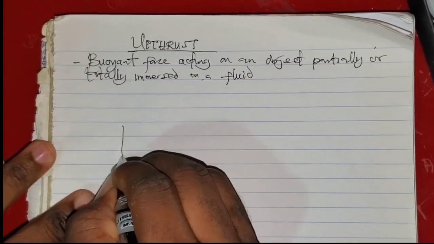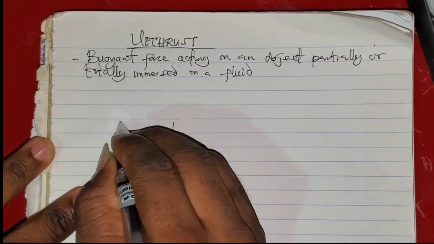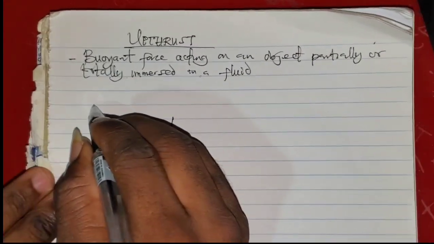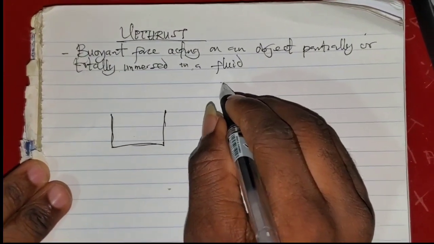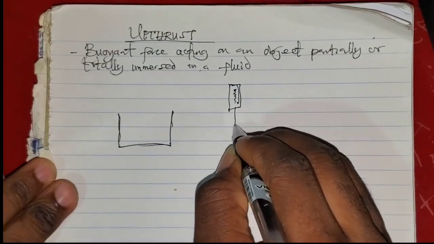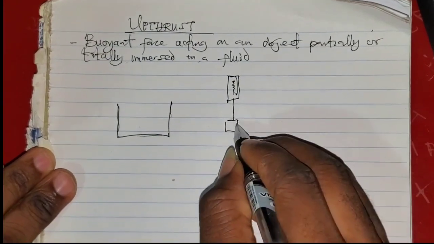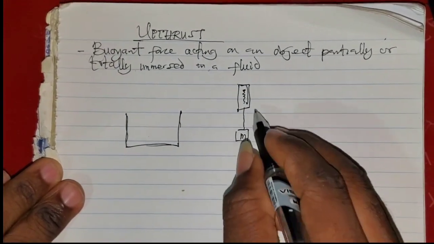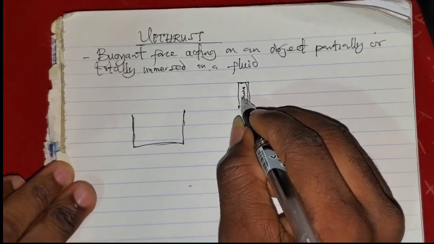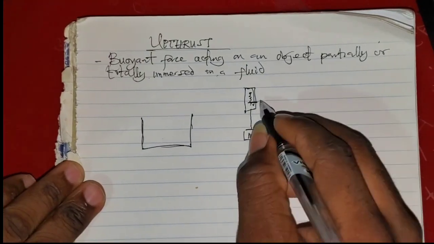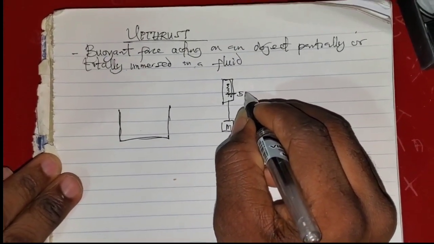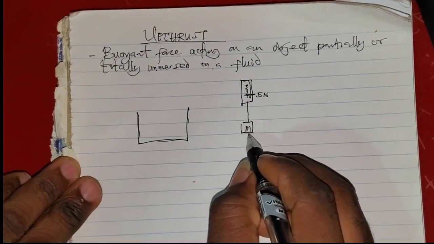Now, let's say we have a particular bowl or a beaker. At first, if you have a spiral spring, and we weigh a particular mass of a substance in air, let's say it is 5 Newton.